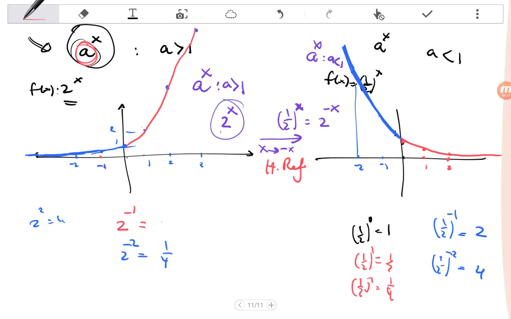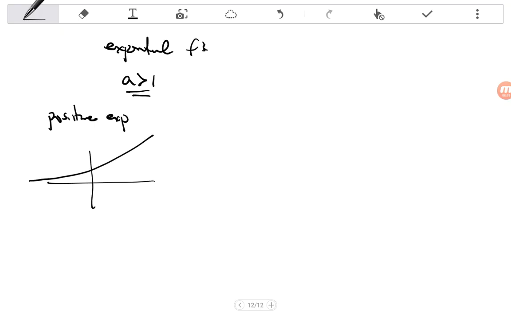And that's why, for exponential functions, when the base is greater than 1, we have a positive exponential, which is described like this.